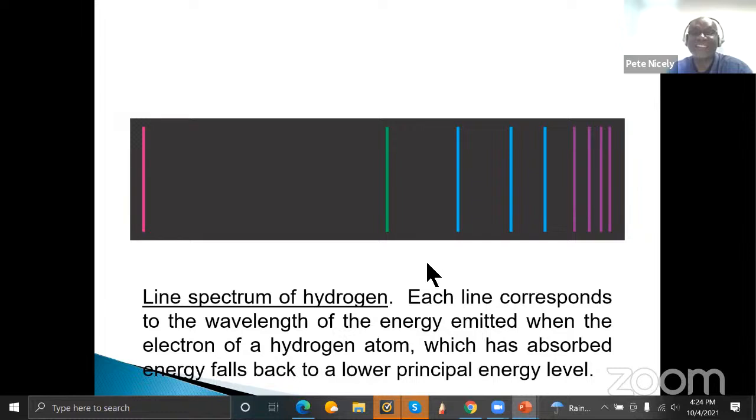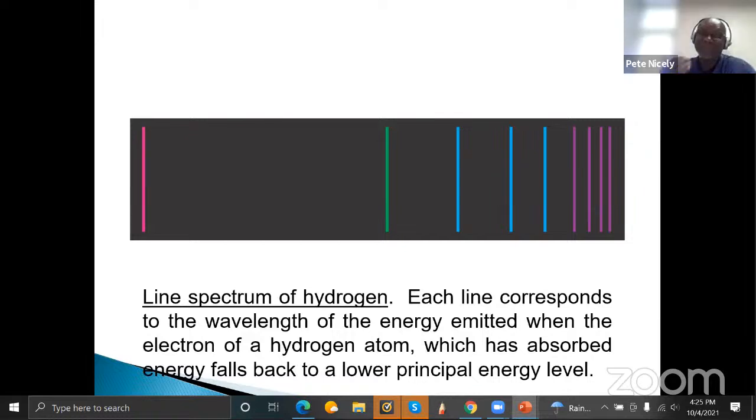Each line basically is produced as a result of energy that is emitted by an electron of the hydrogen atom when it falls to a lower energy level, and we're going to discuss that later on. So all these lines that you see here are produced as a result of electrons falling from a higher energy level to a lower energy level.